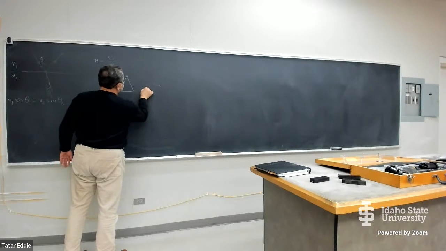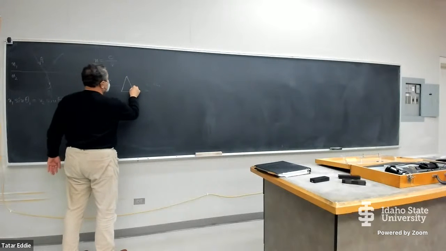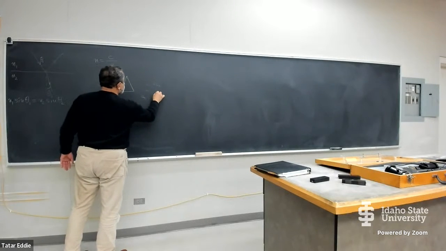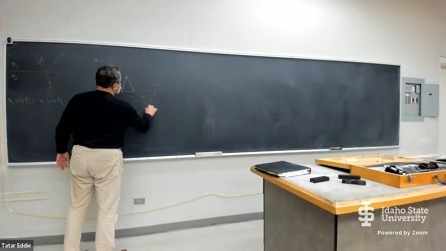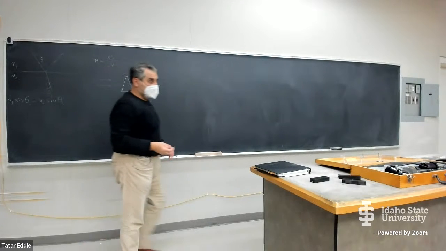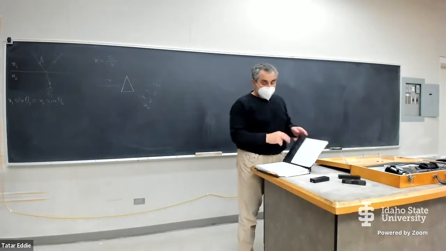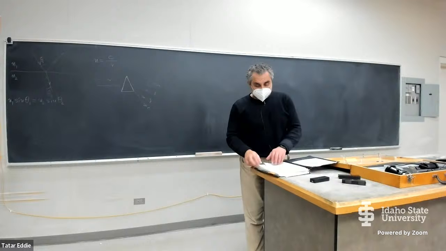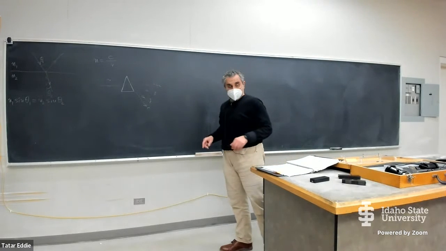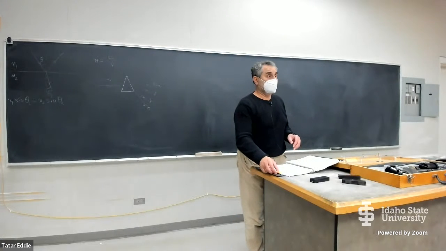And after that, you have green, yellow, and red. So this phenomenon is called dispersion of light.